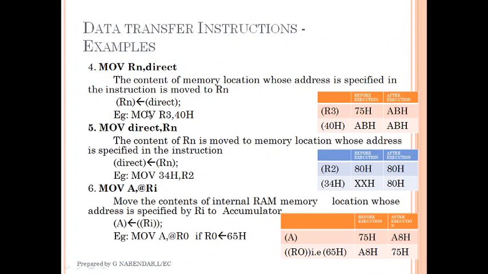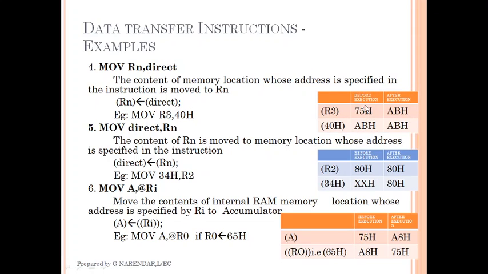Here you can see one example instruction: MOV R3, 40H. We have taken a general register R3, and we want to copy the data present at the memory location whose address is 40H into R3. Assume the contents of R3 are 75H and the memory location whose address is 40H is ABH.